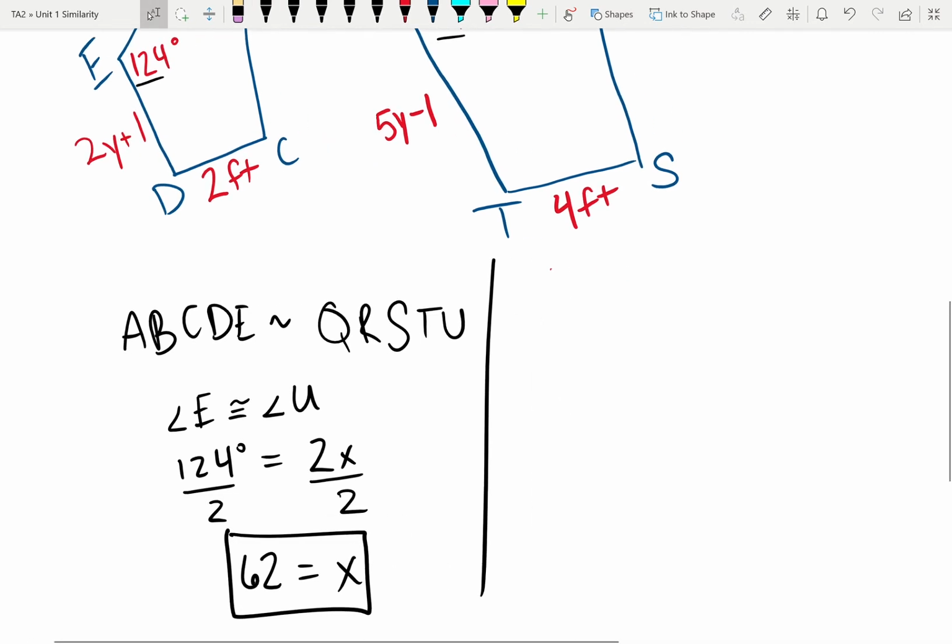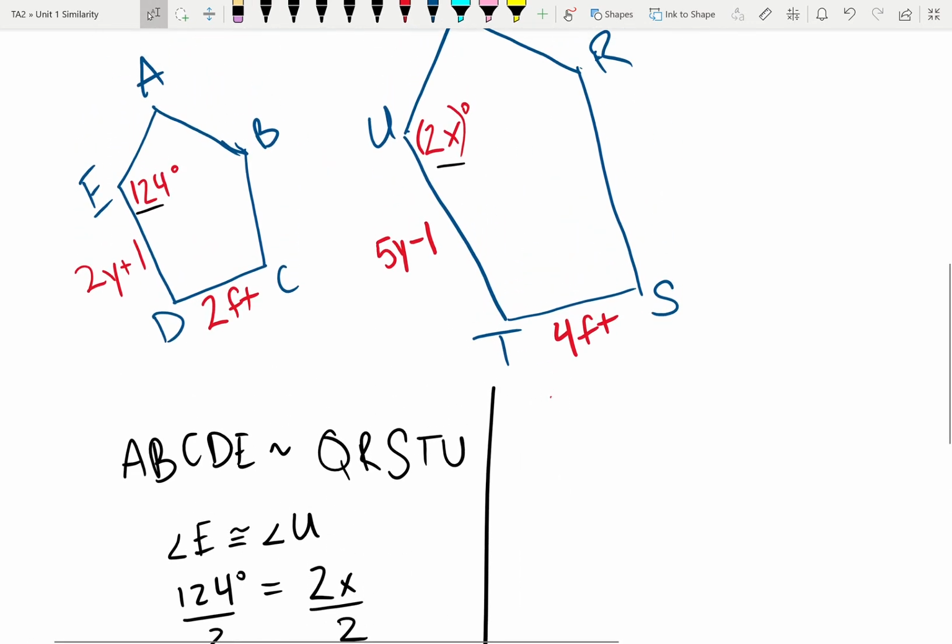Now this one's going to be a fun one. We can use the sides now. If we know the sides are proportional, we're looking at this side, which matches up with this side right here. Those two sides are corresponding. So we're going to write 4 over 2, the new 4 over the old 2.